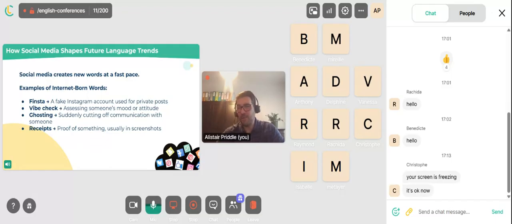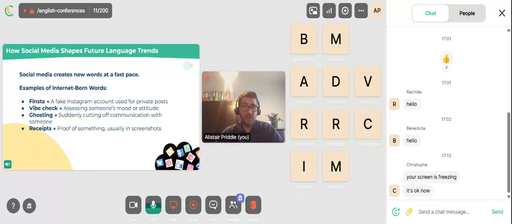We have another example, vibe check, assessing someone's mood or attitude. The next example here is ghosting, which means suddenly cutting off communication with someone.